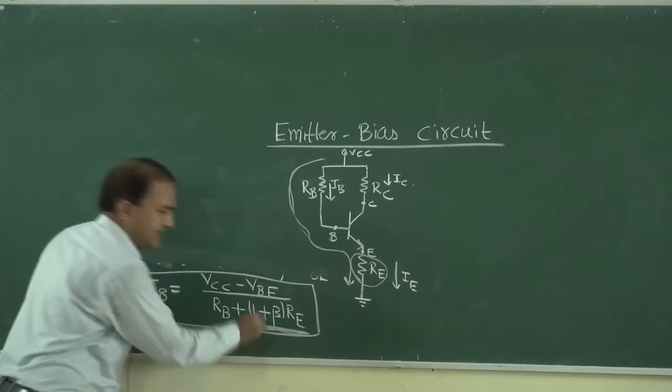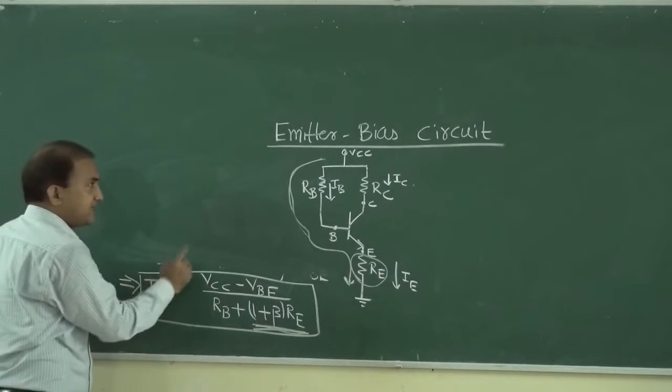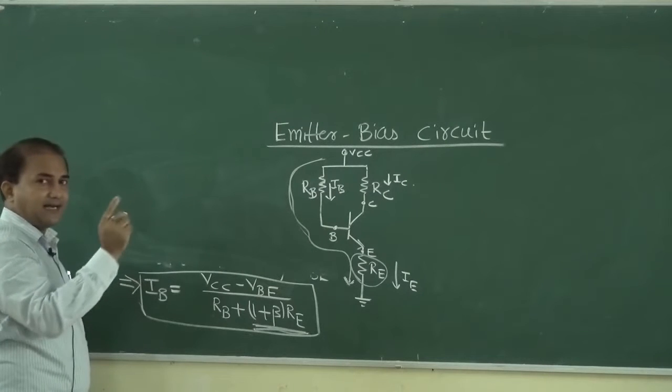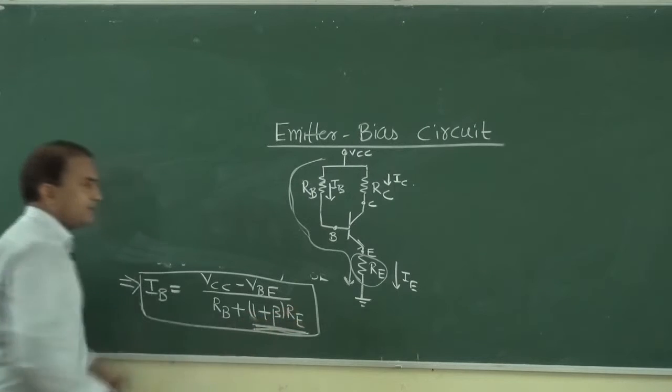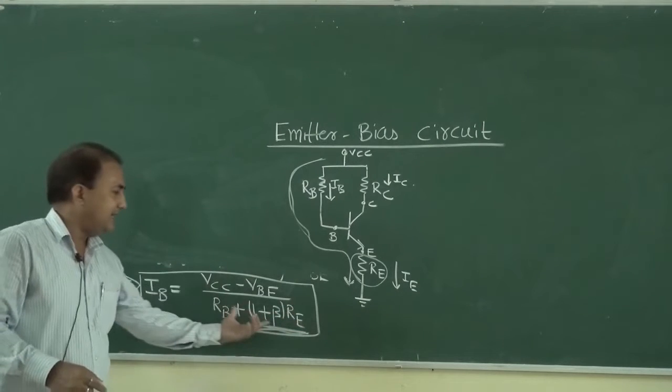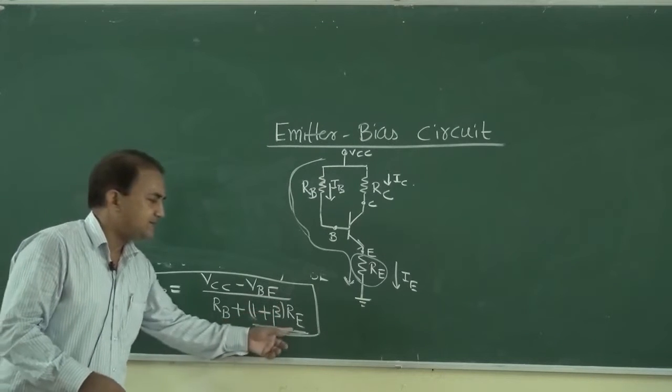This term it is increased. Okay, so this is the difference between emitter bias circuit and fixed bias circuit. In fixed bias circuit, this term is absent, but in case of emitter bias circuit, here it is 1 plus beta RE. This term it is present.